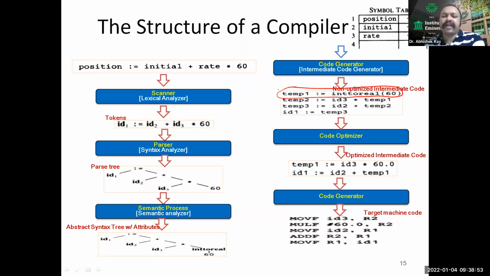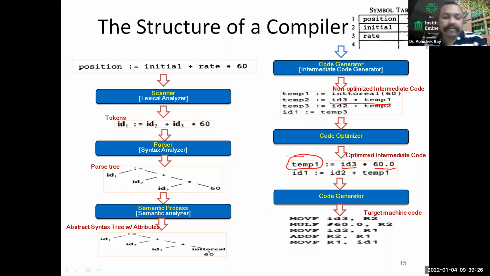So instead of calculating during the execution time or run time, it calculates during compile time, and uses 60.0, which is multiplied with id3 and stored in a temporary variable.